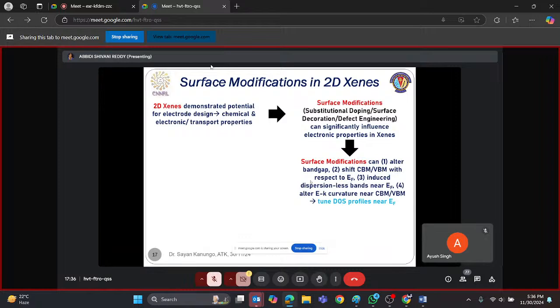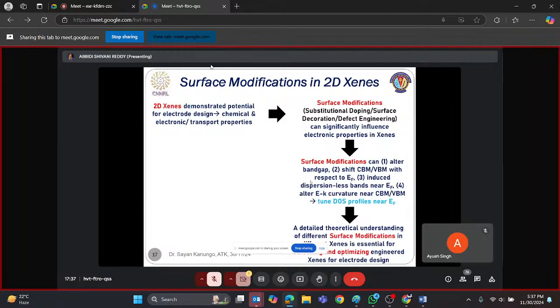It can induce dispersionless bands near the Fermi level, or it can alter the E-k curvature near the conduction band minima or valence band maxima. The overall essence of this matter is that either of these material engineering strategies is expected to tune the density of state profile near the Fermi level.